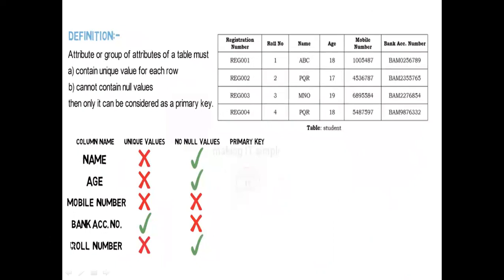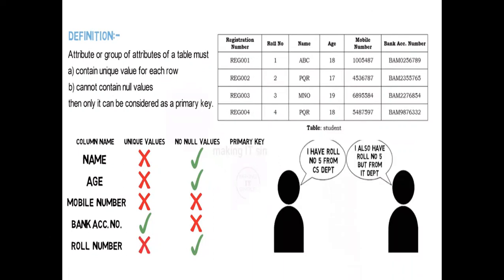Next, we are going to see the roll number. Obviously, it does not have the null value. As far as one particular class is concerned, each and every student is uniquely identified with the roll number. But what happens in the university? The university may consist of different departments.